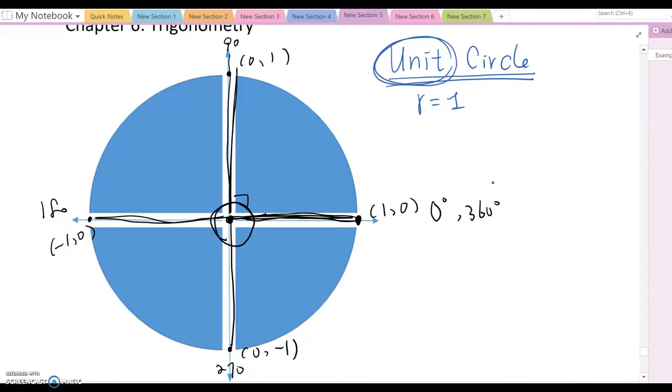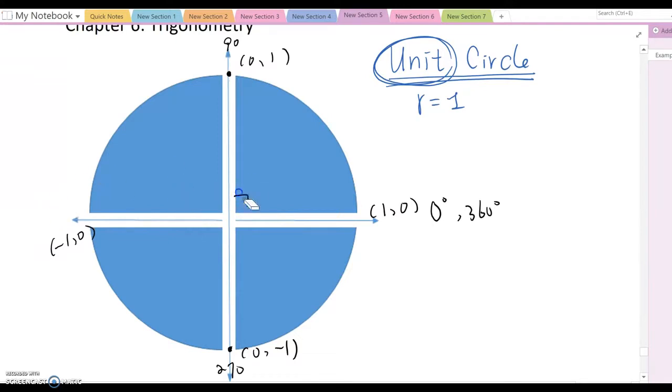Okay, now we can also indicate this using radian values. Because r equals 1, we can say the radian value.